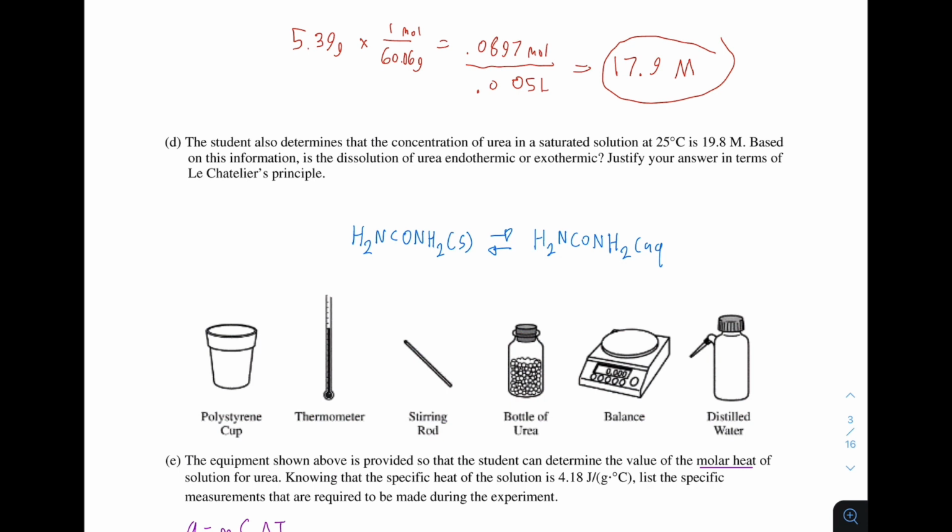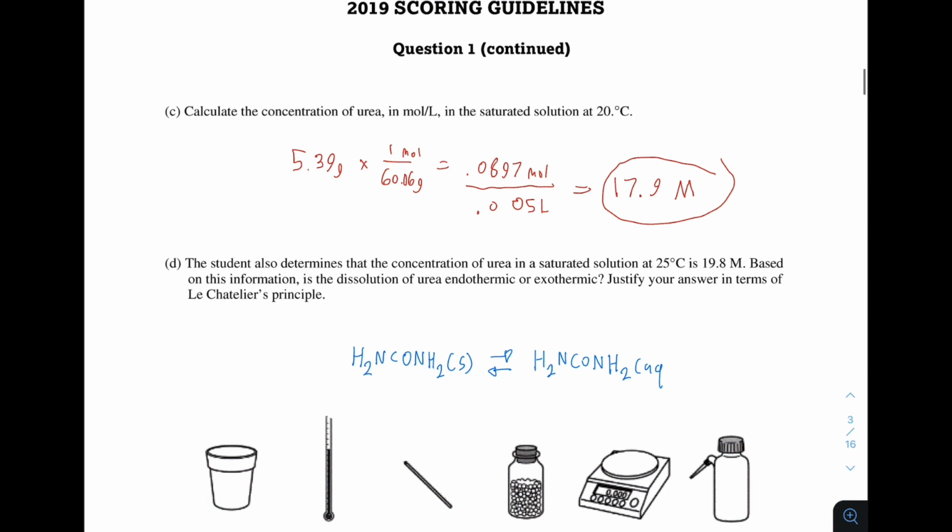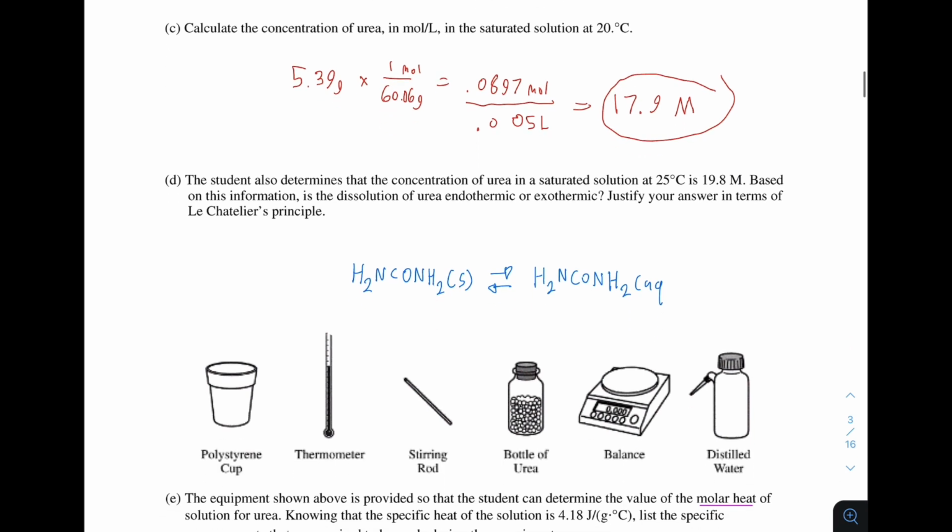So for me, the easiest way to justify this is to think about what the student is saying is going on here. Up here, the concentration of urea in the saturated solution is 17.9 at 20 degrees Celsius. So when we increase the temperature by 5 degrees Celsius, we increase the concentration of urea in the solution.